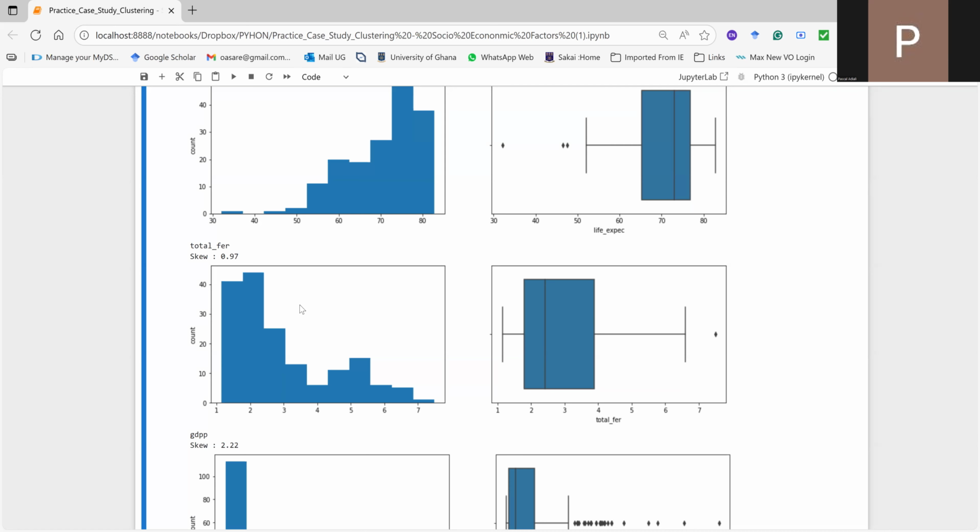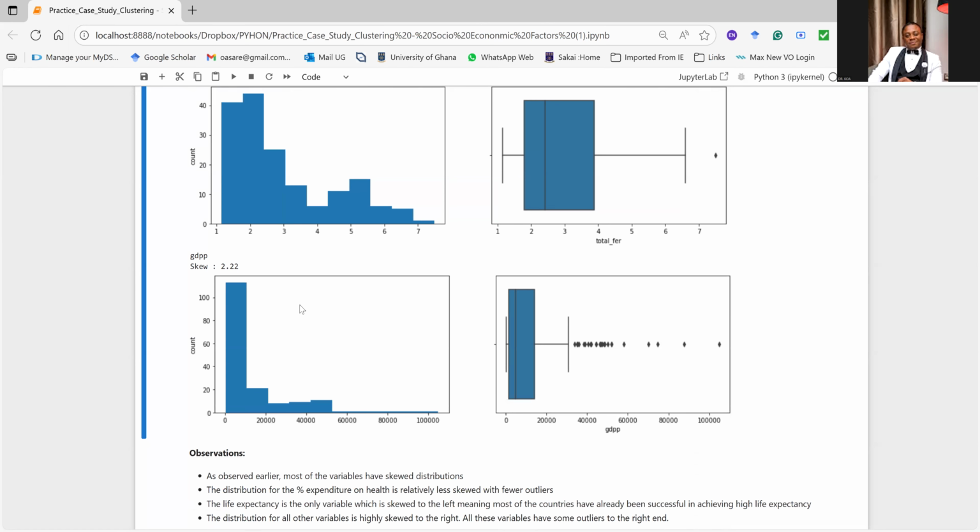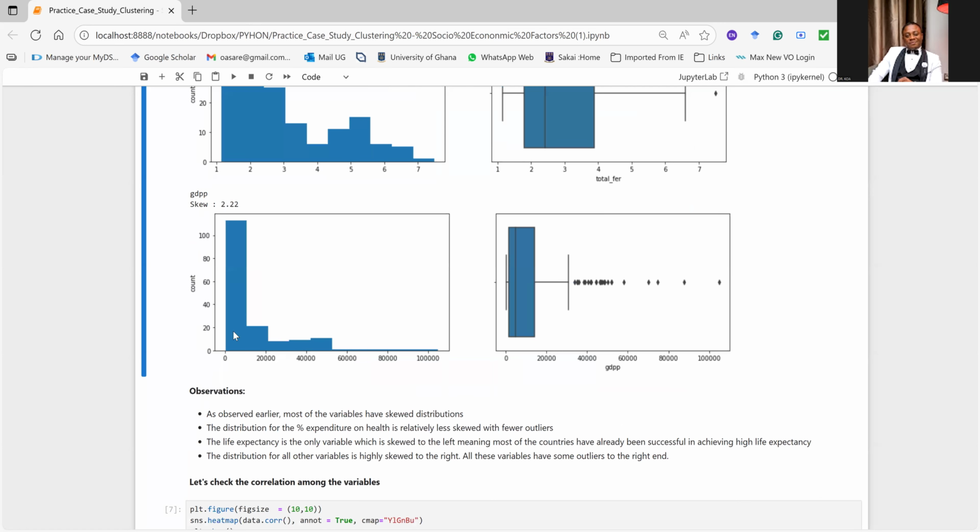Okay. These are some of the observations you have spotted, and this point has been indicated here. First of all, most of the variables have skewed distributions, and you can see it on the normal distribution. But life expectancy is the only variable which is skewed to the left.